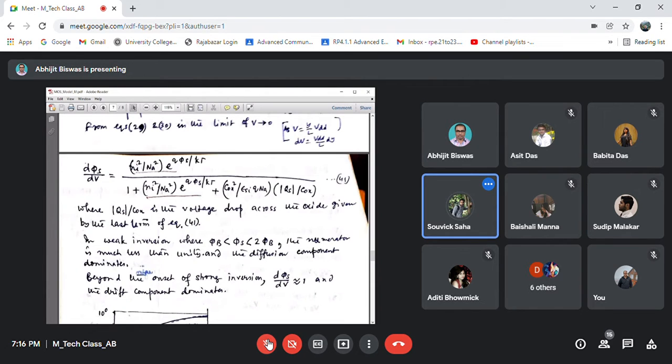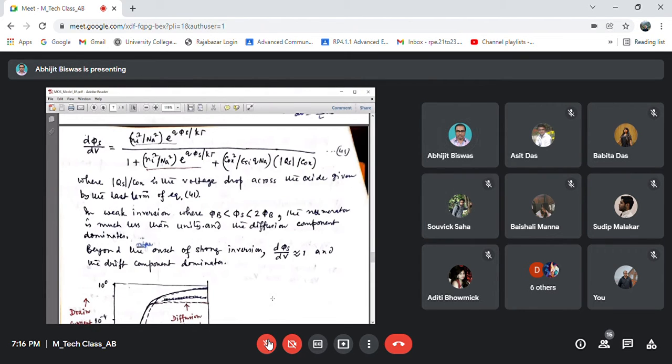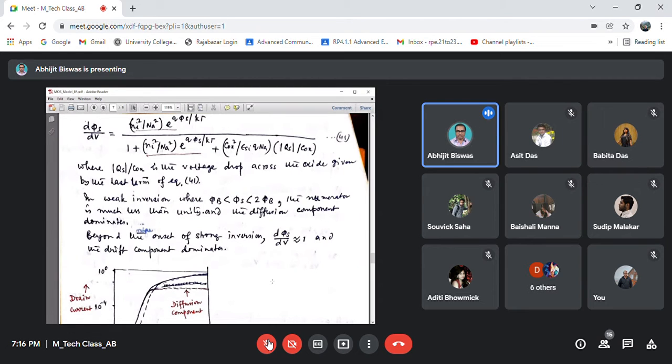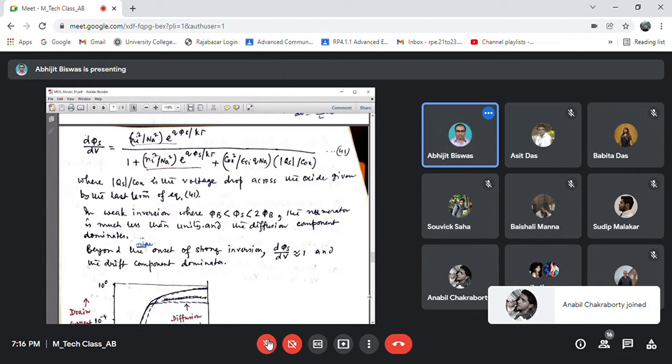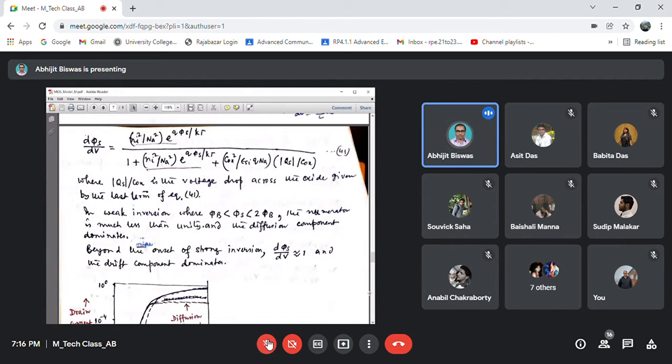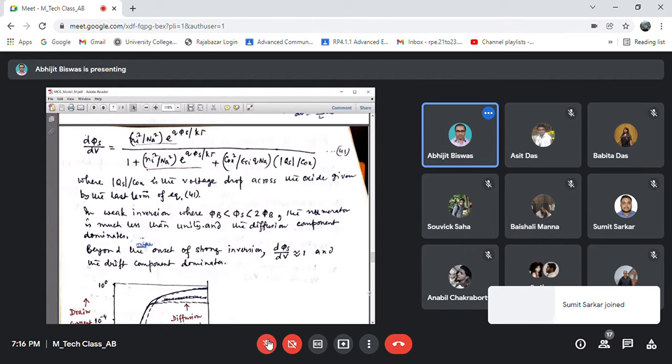Okay. So now I come to the strong inversion region of operation, where this d phi s dv is approximately unity. That means what will happen? The drift component of current will dominate over the diffusion component of current.